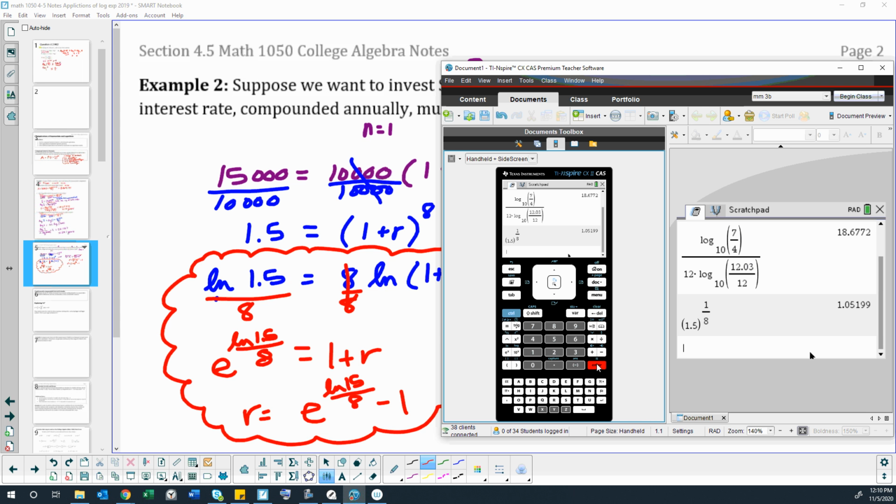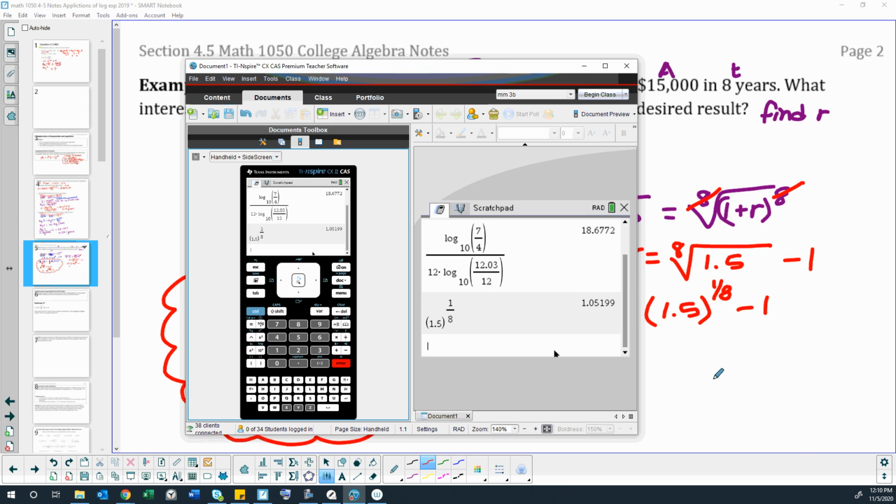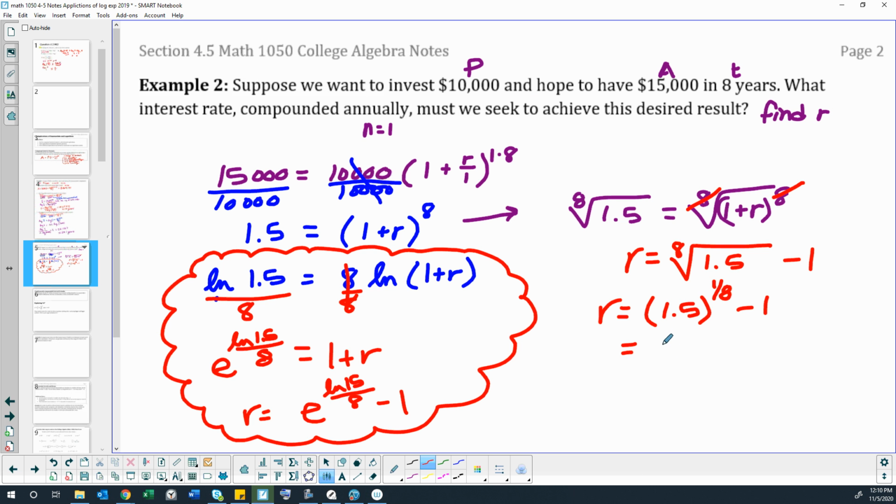Now remember, I'm taking that number and subtracting 1 from it, which leaves me with 0.05199. And then I can change that back to a percent if I want. So that's like a 5.2% interest rate that would yield those results.